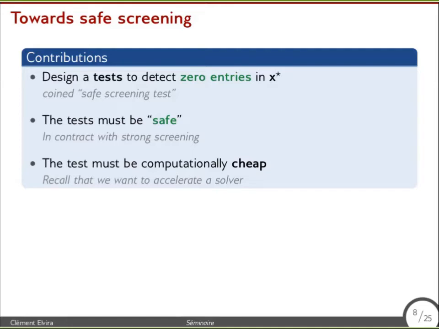I want to insist on the fact that we call the test safe because whenever an entry passes the test, we are guaranteed that it corresponds to a zero. So it is not a heuristic. And I also want to insist on the fact that we have some constraints. We want the tests to be computationally cheap because at the end we want to accelerate the algorithm.